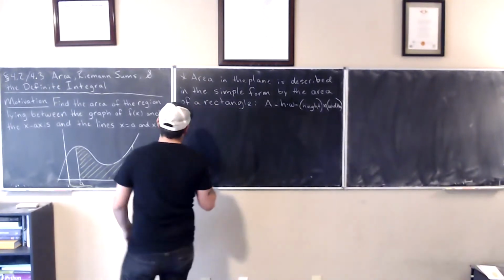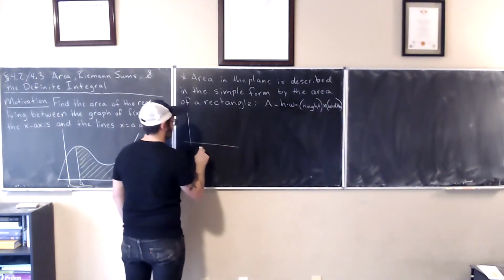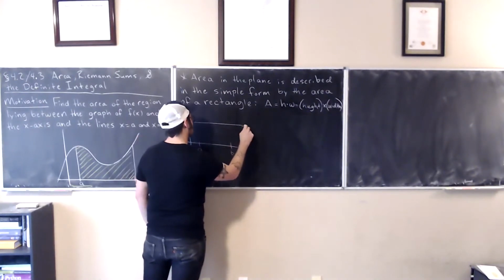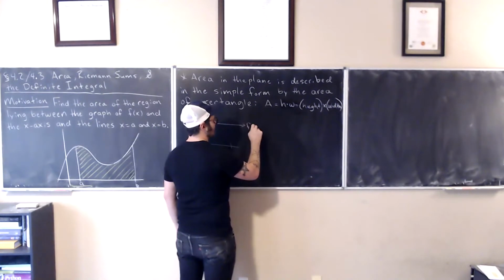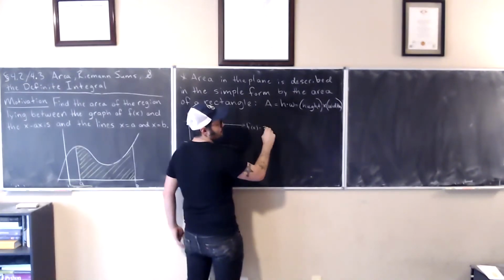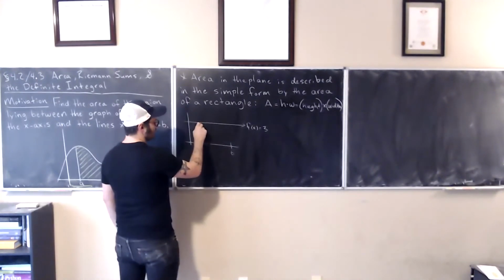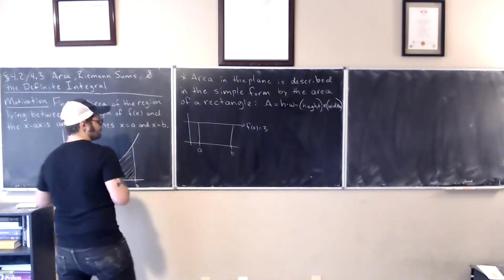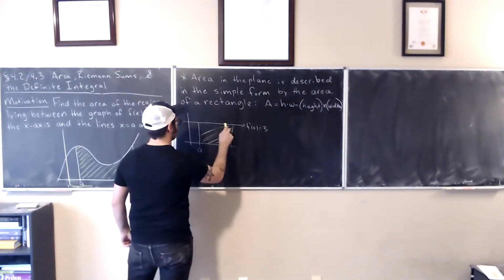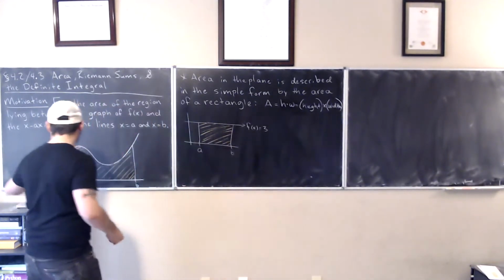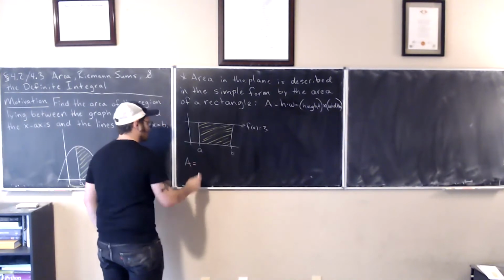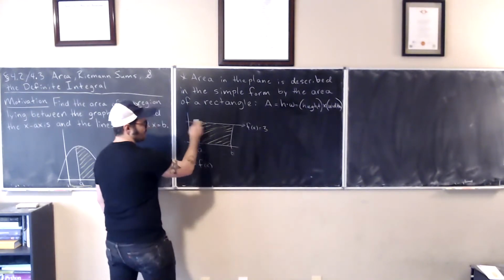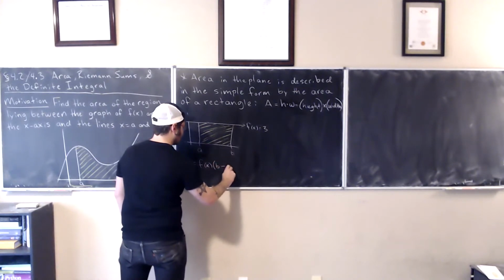But for example, if we had a function that looks like this, so here's A, here's B, and our function is constant, so maybe f of x equals 3, then if we wanted to find the area underneath the curve, this is easy, since the area is just going to be the height, which is f of x, which is constant, times its width.